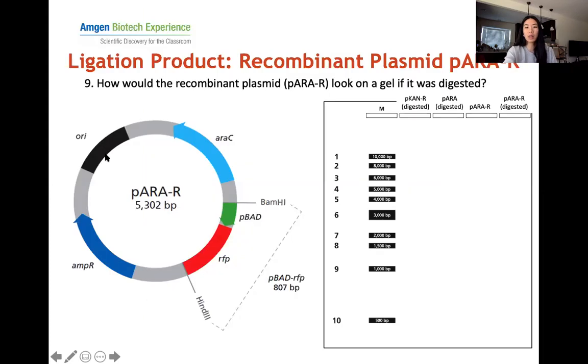Now, if you notice, the plasmid, the one that's undigested, it's really high up. This top band, this biggest piece of DNA in our marker, that's supposed to be 10,000 base pairs. But we know this entire plasmid is only 5,302 base pairs. So why is it that it's higher up than this 10,000 fragment?